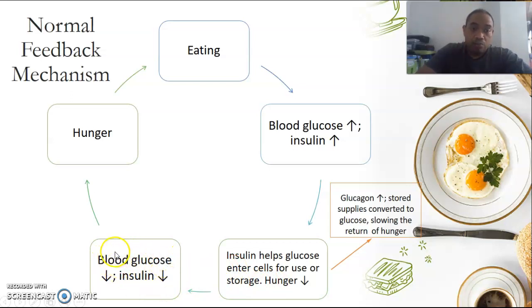It will also reduce the blood glucose level, and the reduced blood glucose level will trigger hunger, which will tell us to eat. Okay, so this cycle will happen again and again forever for the normal feedback mechanism in healthy people.